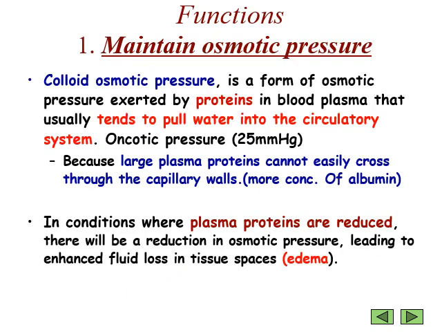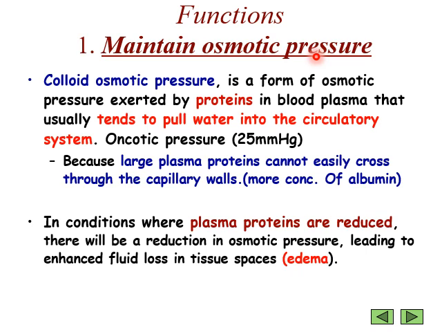Now, what are the functions of albumin? As I told you, its main function is to maintain the osmotic pressure. Now, what is osmotic pressure? It is the pressure which is required to stop the process of osmosis. Osmosis, you have studied in the transport chapter, and osmotic pressure is preventing the process of osmosis.